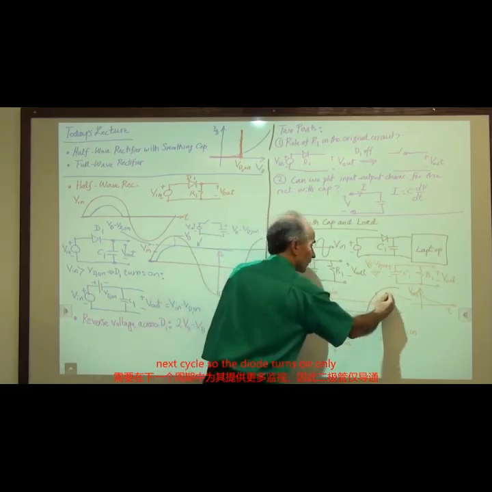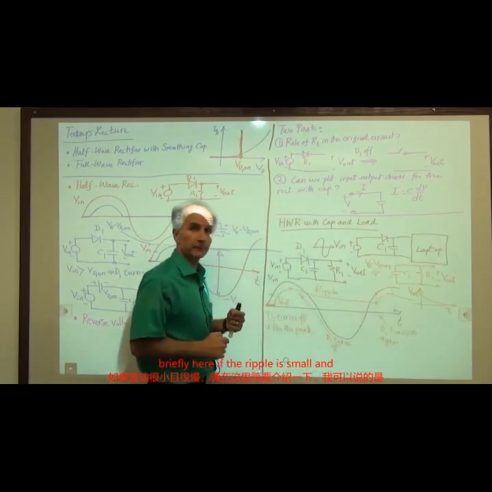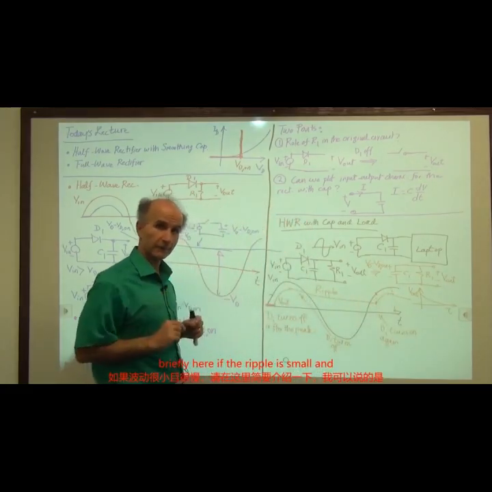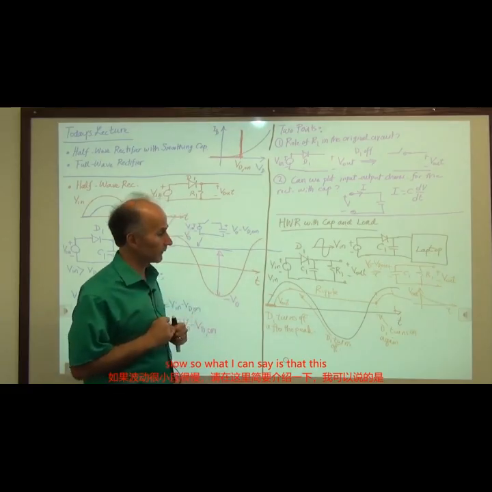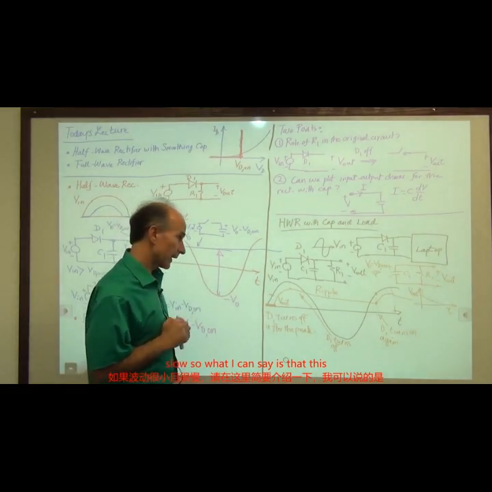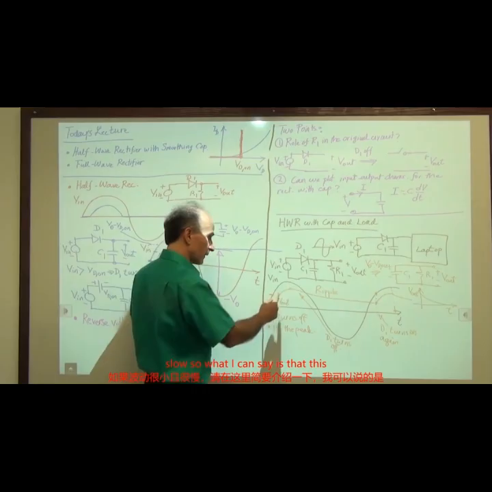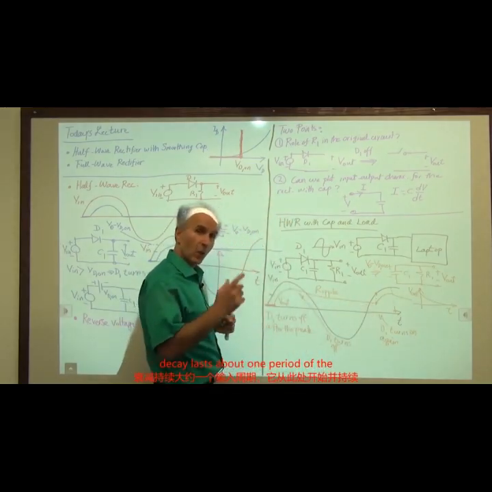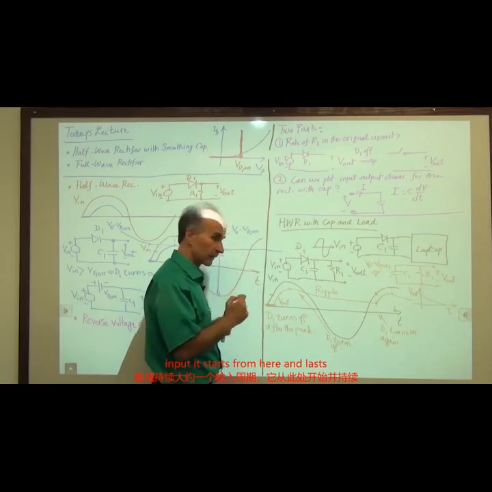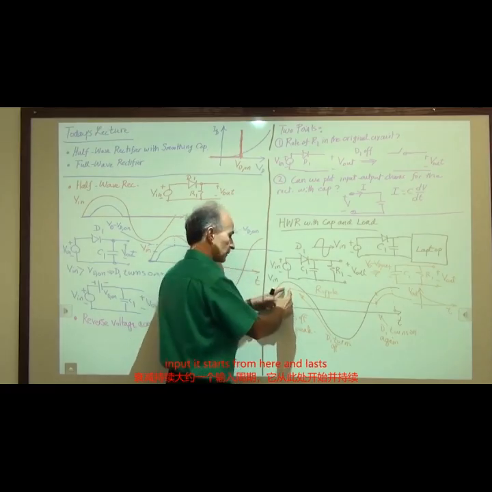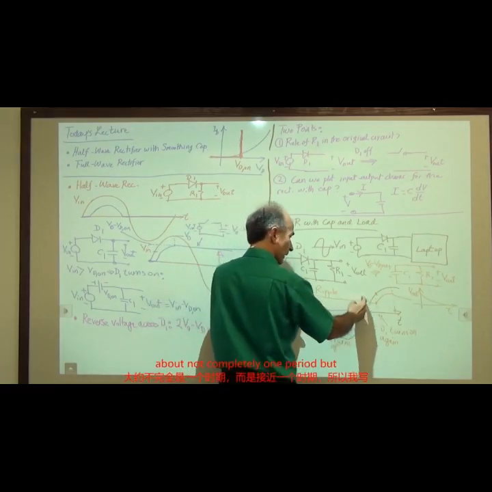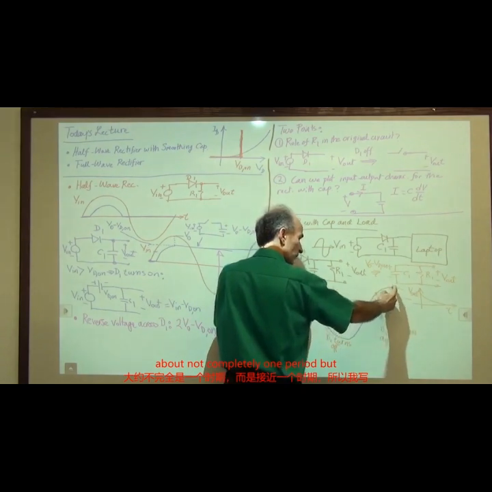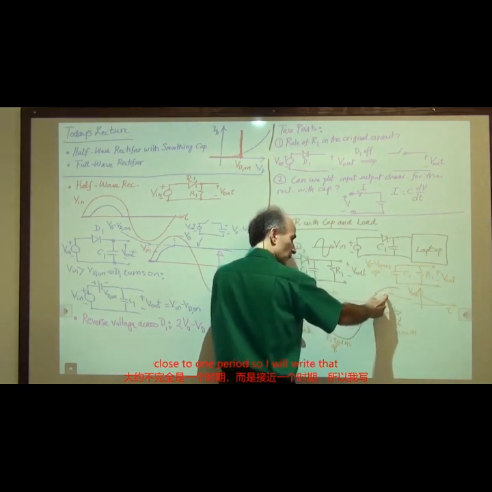So the diode turns on only briefly here, if the ripple is small and slow. So what I can say is that this decay lasts about one period of the input. It starts from here and lasts about, not completely one period, but close to one period.